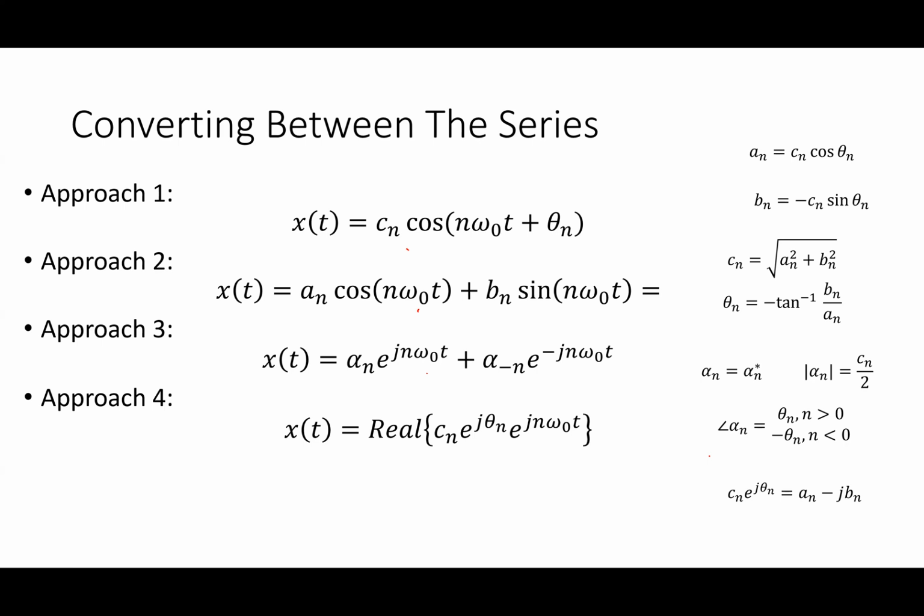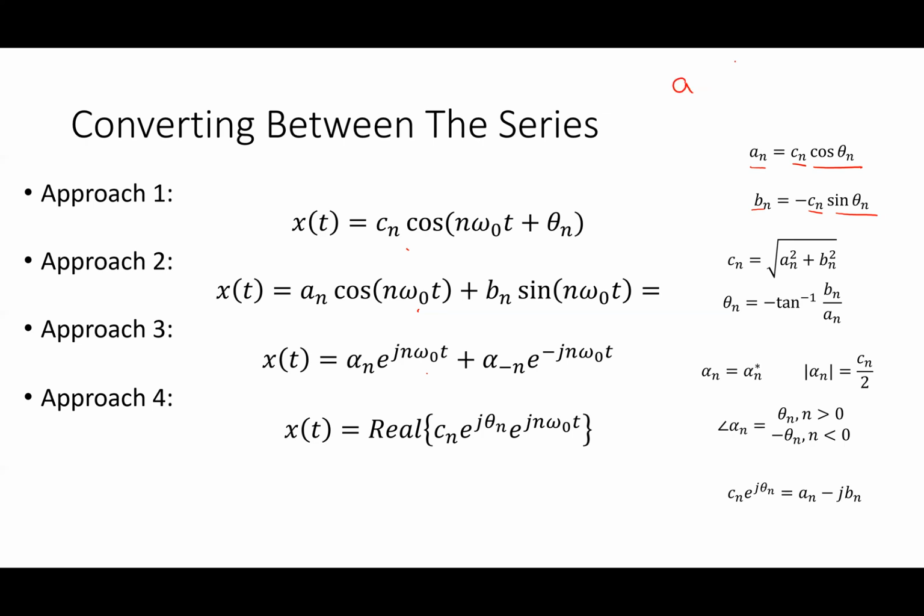Now I've added one additional piece to help me out a little bit, which is to say, if I looked at A_n and B_n, this one has a magnitude times a cosine, and this one has a magnitude times a sine. That looks kind of like the parts of a vector, right?